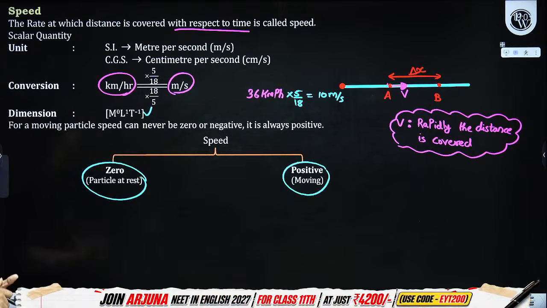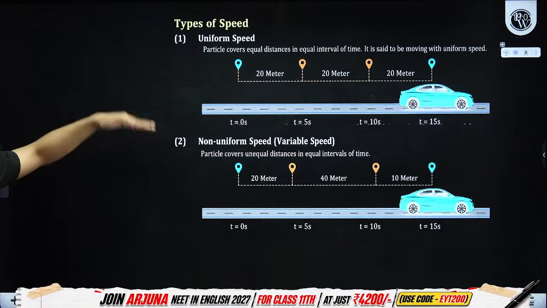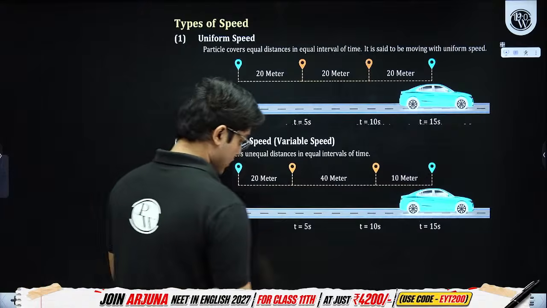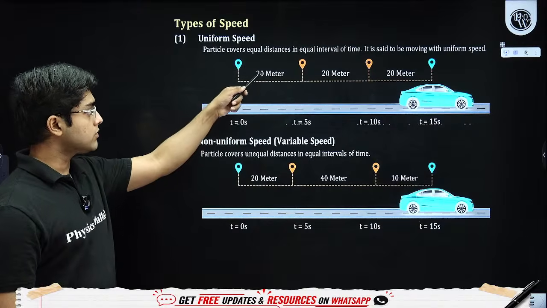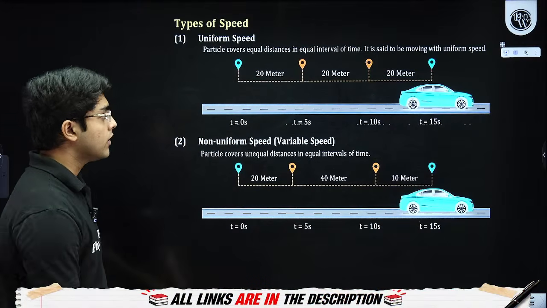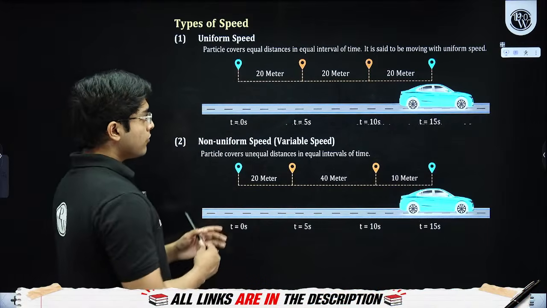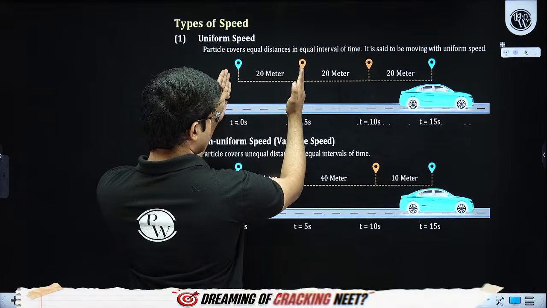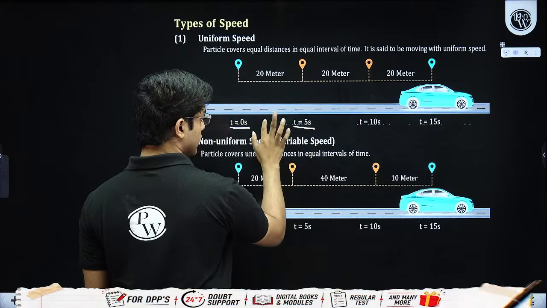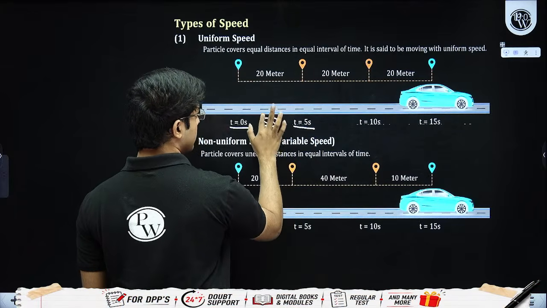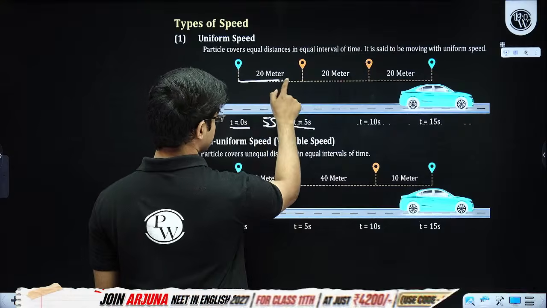Now, these are some categories of different motion. Uniform speed motion means speed is constant. So in uniform speed, if you take a fixed interval of time like 0 to 5 seconds, in this 5 seconds the car traveled 20 meters, right?